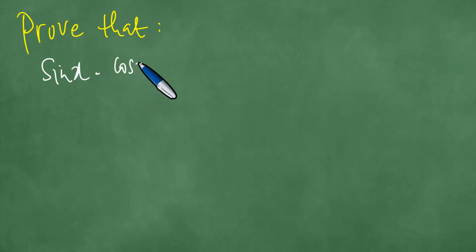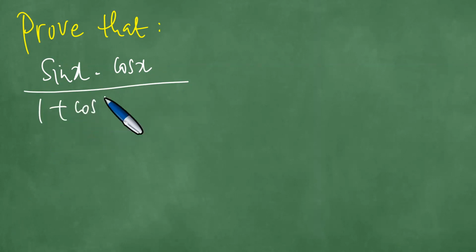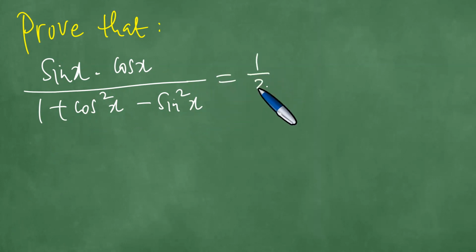Let's look at this one. Here you need to prove that sine x times cosine x, divided by 1 plus cosine squared minus sine squared, is one half tan x.